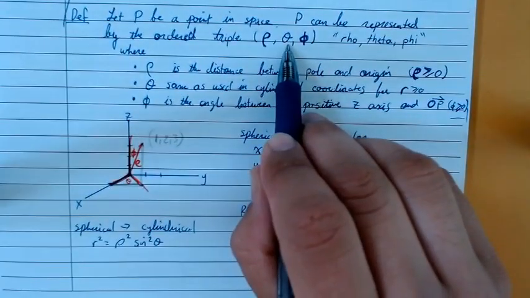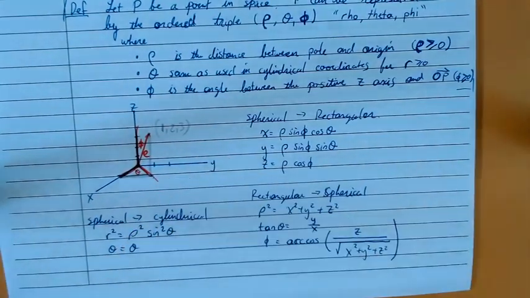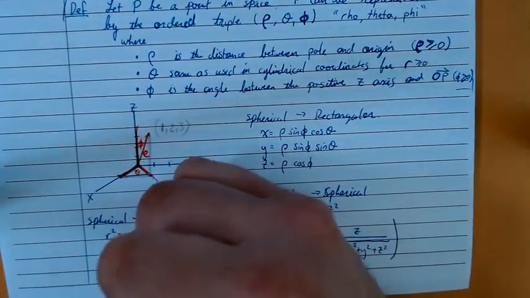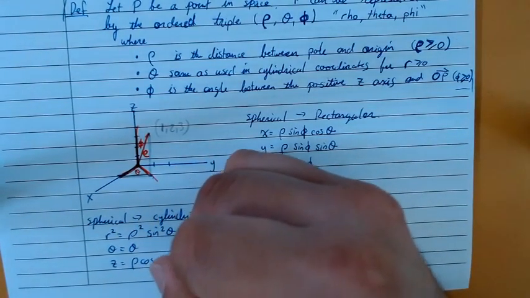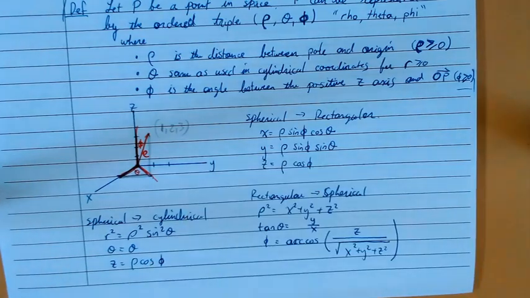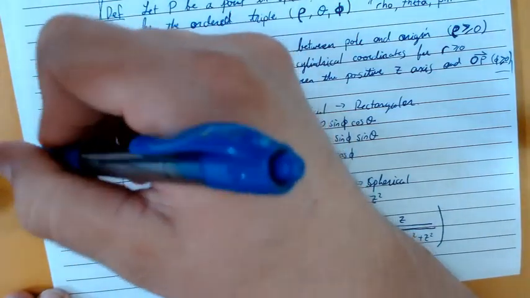Here, theta is the same in both systems. So theta is equal to theta. That's always the nice one. And then z is equal to rho cosine of phi. Like that. And going back the other way, oh, I seem to run out of space. Let's put it right over here.